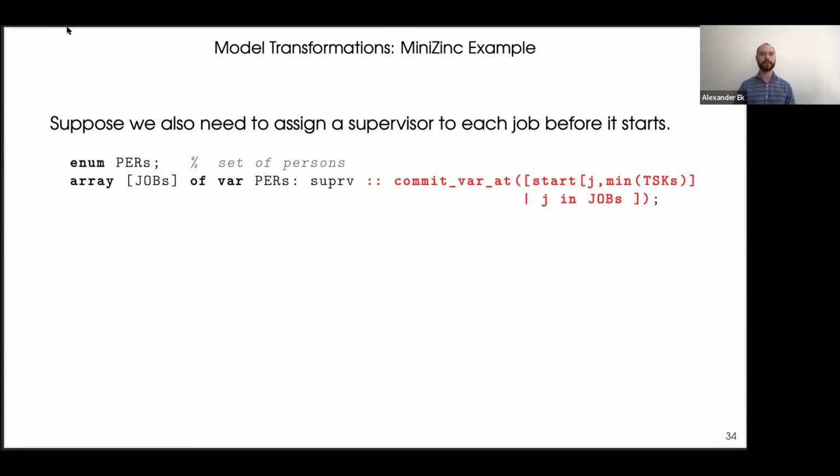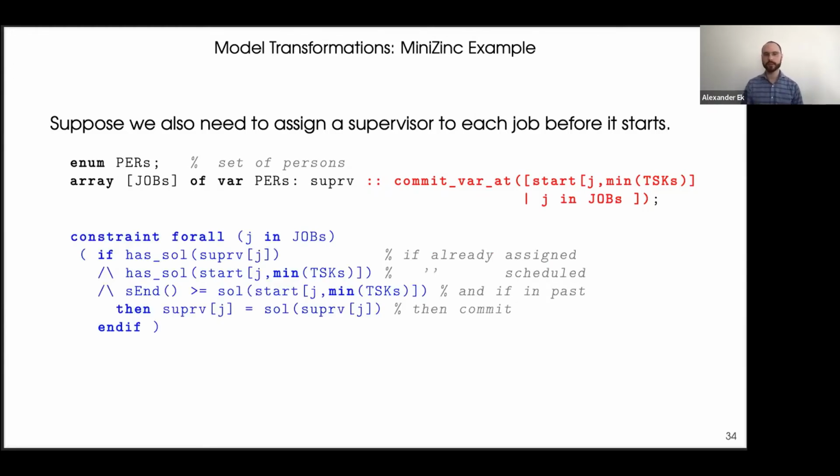We're mapping index to index: the start time for J and min tasks means the first task of that job. That's the time when we can also commit what supervisor this job had.